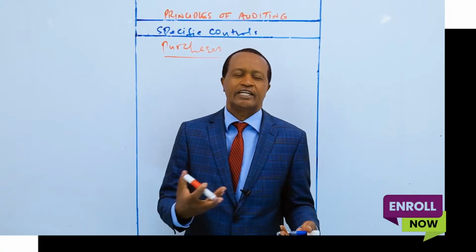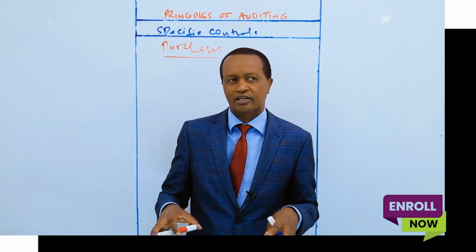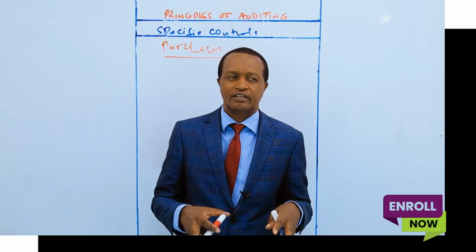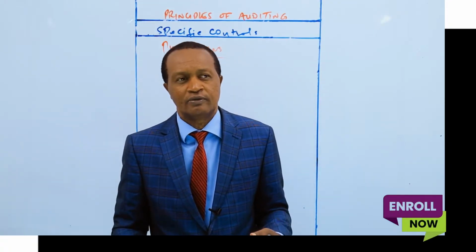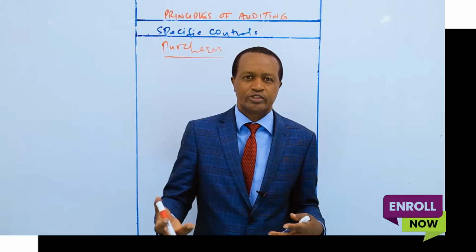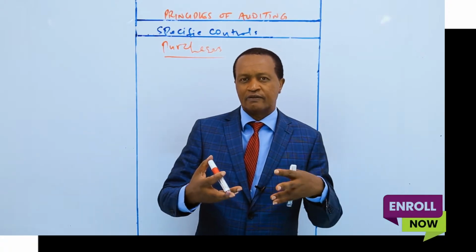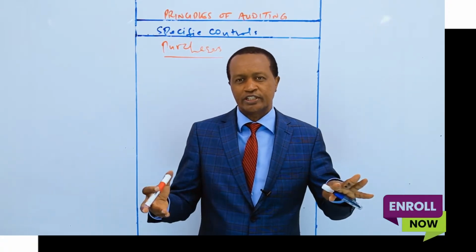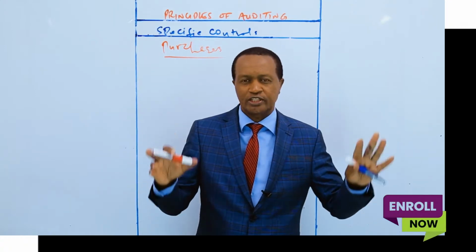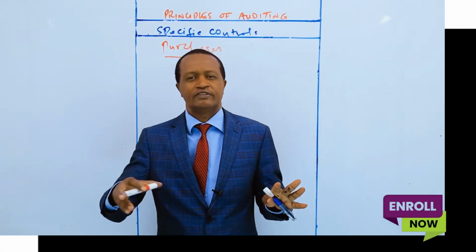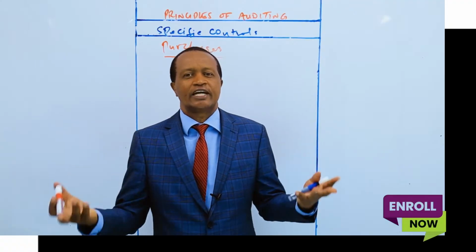So those are the key areas. There could be some other activities like inspection, receiving, storage, and all that. But requisitioning or requesting, ordering, receiving, and payment, those are the main activities in the purchasing cycle.